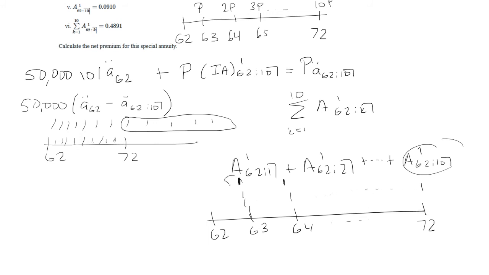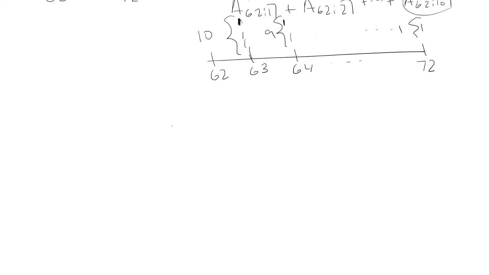So basically, this one's going to be 10, this one's going to be 9, and then this is going to be 1. So it's going down 10, 9, 8, all the way down to 1.